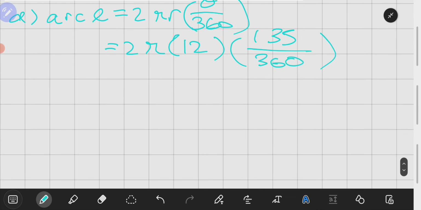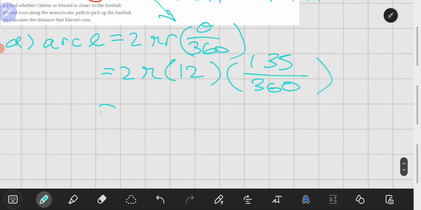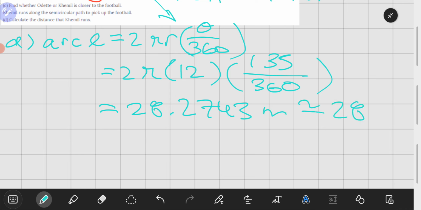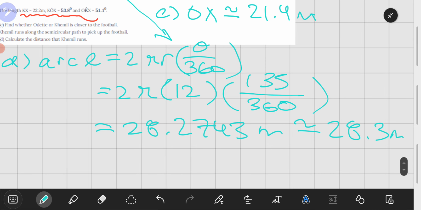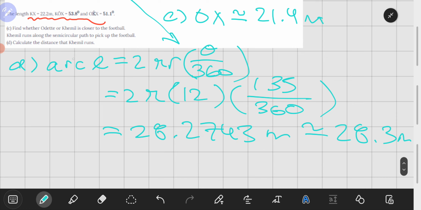After we compute our values, we get an arc length of 28.2743 meters, which we can round to 3 significant digits, which is 28.3 meters. That is our answer to question D, the distance that Kemal will run to the ball. And that is all for these questions.